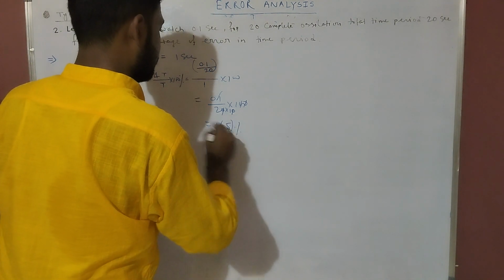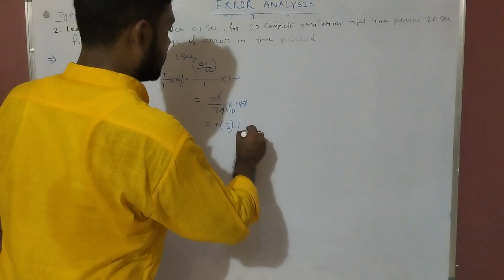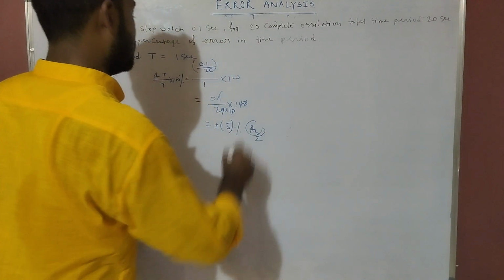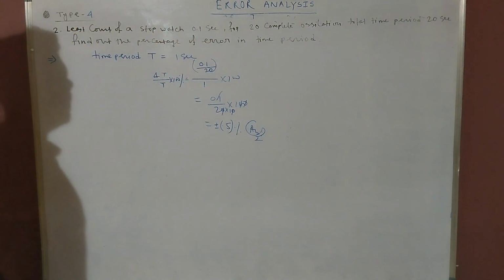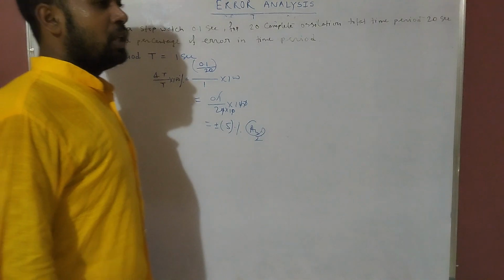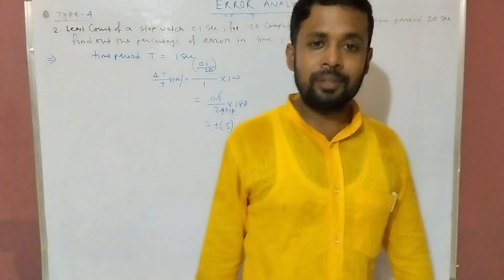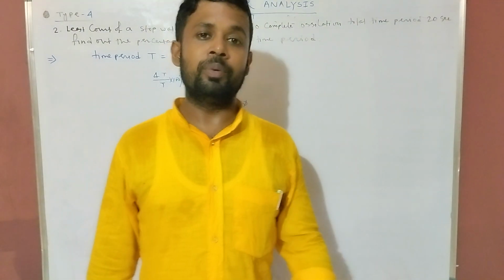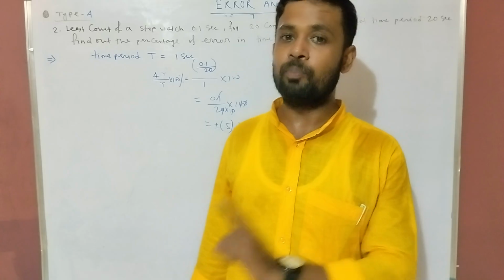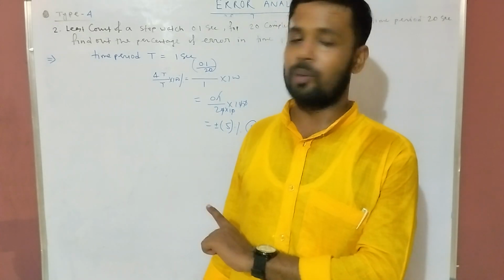Plus minus 0.5%. This will be the answer. Understood? Here you have to remember the concept: if you take 20 readings, then the error will be 20 times less. This is the key point to solve the problem.